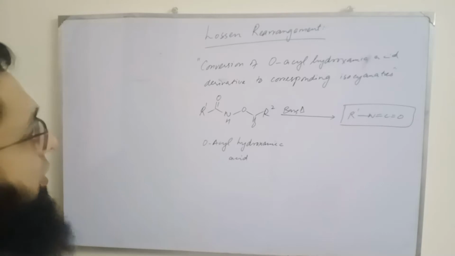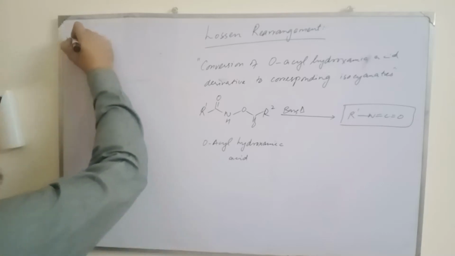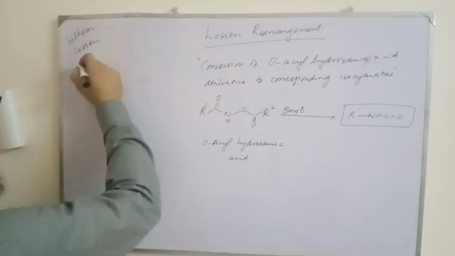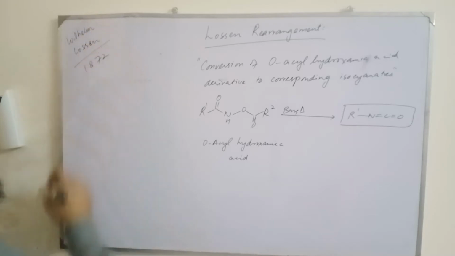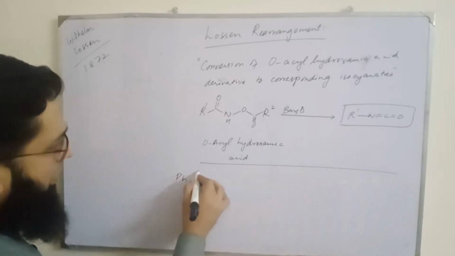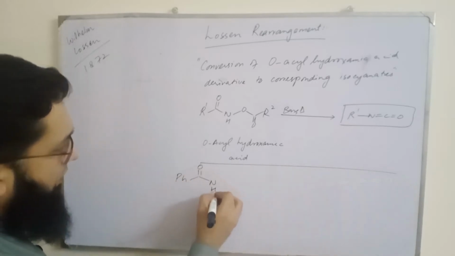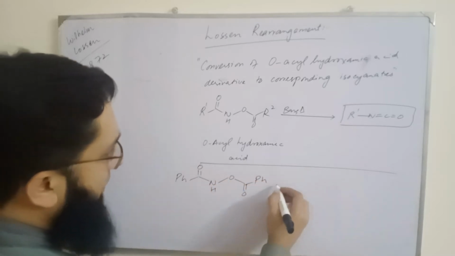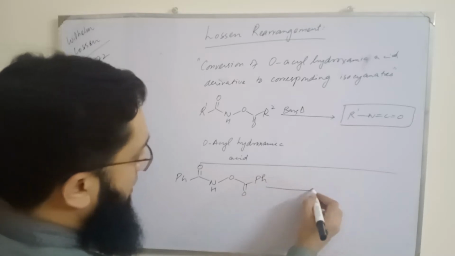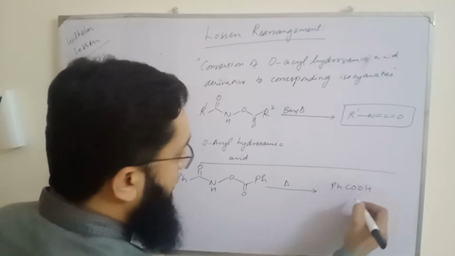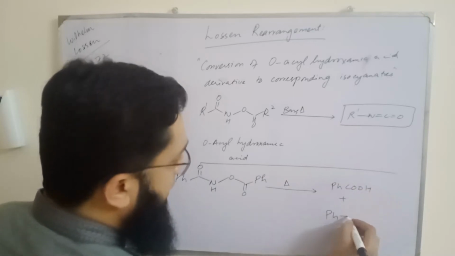This rearrangement was reported by Wilhelm Lossen in 1872, and he was working on the pyrolysis of benzoyl benzhydroxamate, and he observed the formation of benzoic acid and phenyl isocyanate.